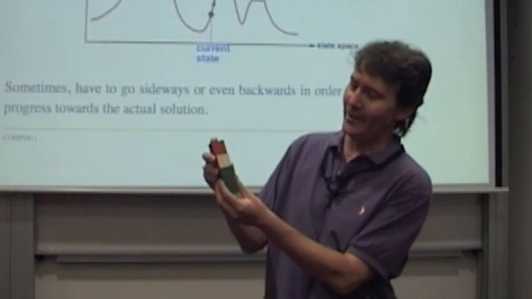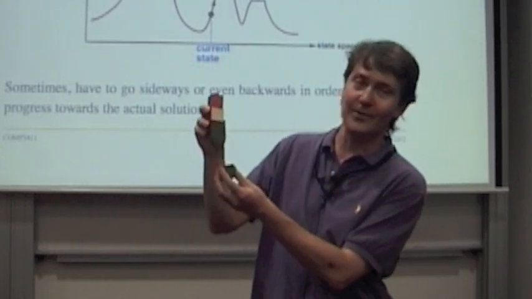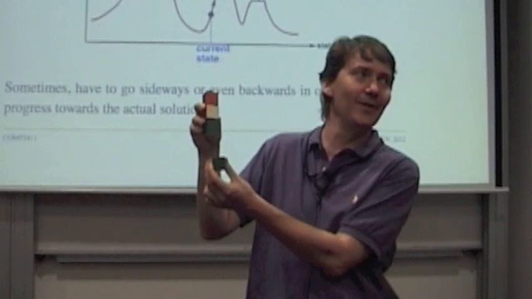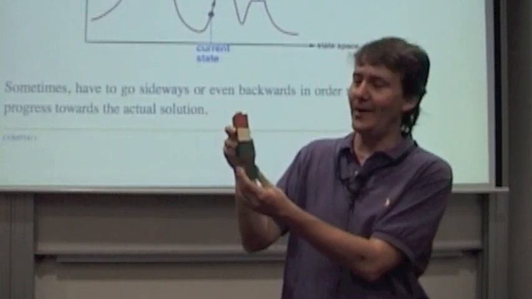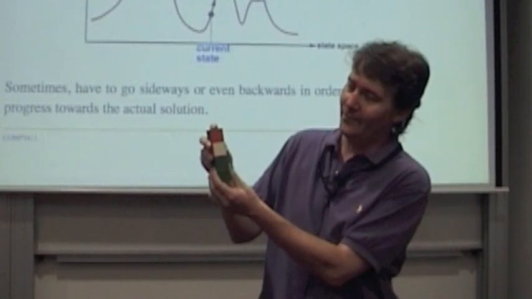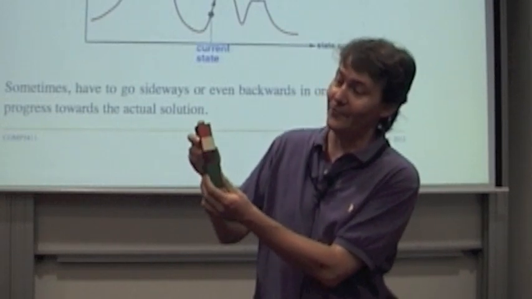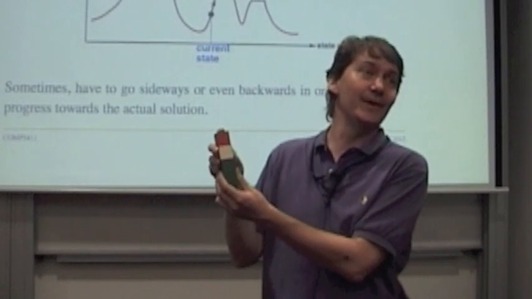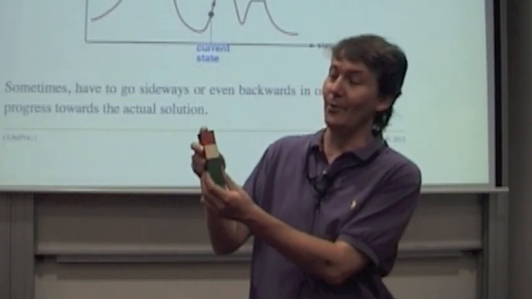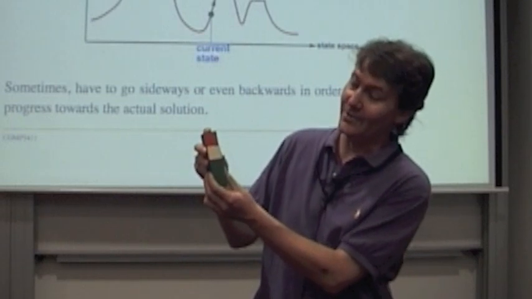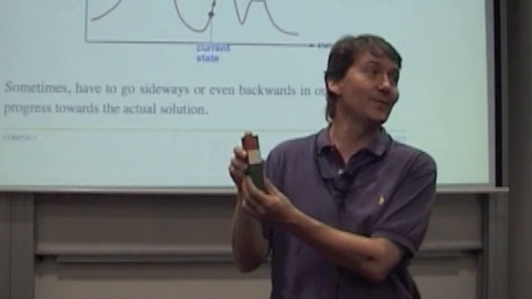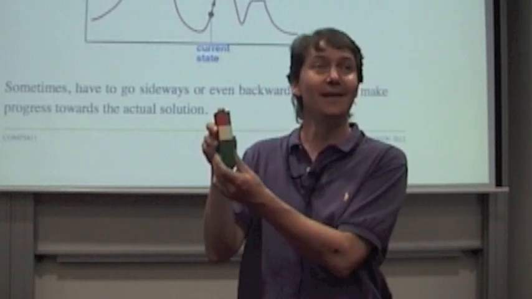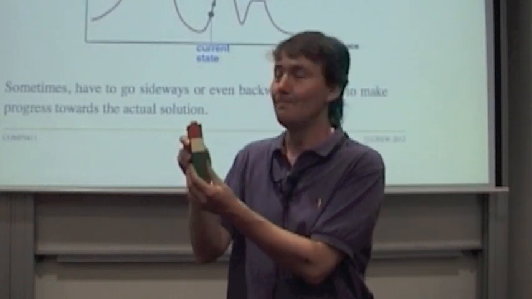But most likely, I can try all possible rotations of this cube, leaving the others fixed. I can try all possible rotations of this cube, leaving the others fixed. But I may very well find that there's no way of manipulating one cube to improve my situation. This is called a local maximum, right? It only violates one constraint, but I'm going to have to change several cubes in order to get to the global maximum.